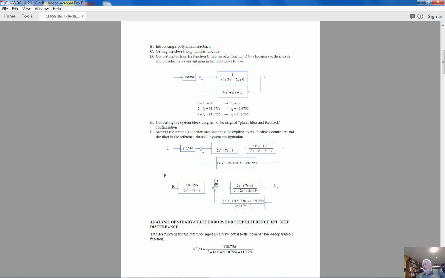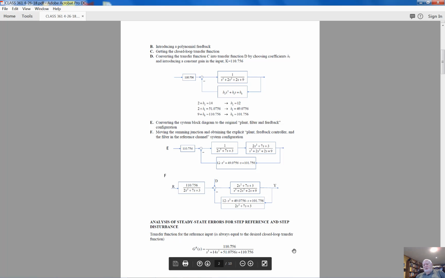The disturbance is applied where tires touch the road. The disturbance cannot be applied through the control circuitry. Control circuitry is very well protected from disturbance signals. So this is the place where reference is applied, here is the place where disturbance is applied, and this is the system output. And now we are ready to analyze steady state errors for step reference and step disturbance.